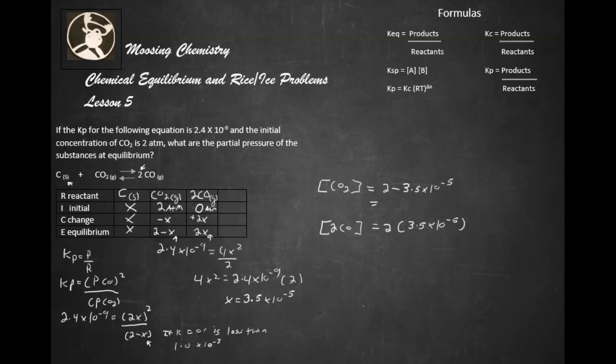Okay, so our first answer is going to give us, of course, 1.999 atm. Pretty darn snarly, huh? And our second value is going to give us 7.0 times 10 to the negative fifth atm, or 0.12345 atm. Pretty darn snarly.